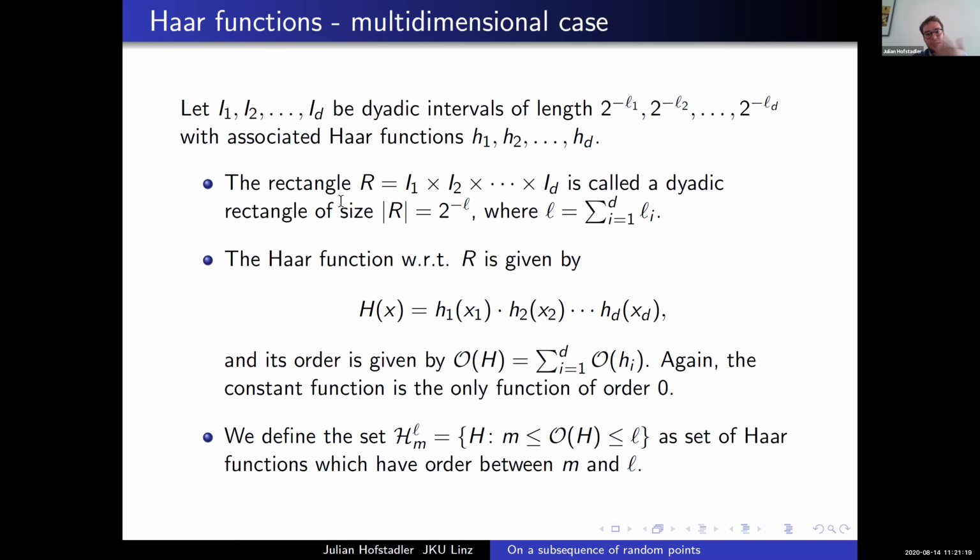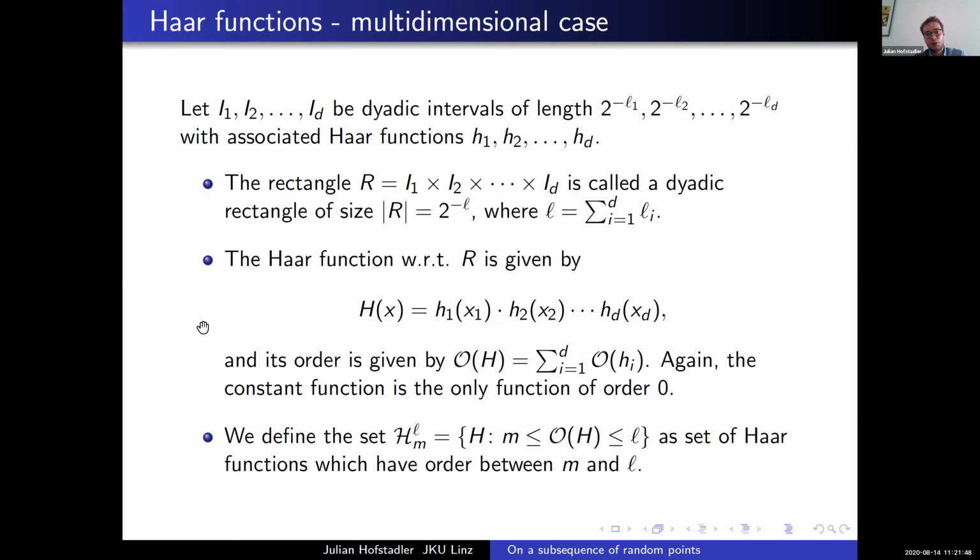Then we can define a dyadic rectangle as the Cartesian product of all these dyadic intervals. So it has size 2 to the minus L, where L is just the sum of these lengths here. And the half function with respect to R is just given as the product of the one-dimensional half functions.